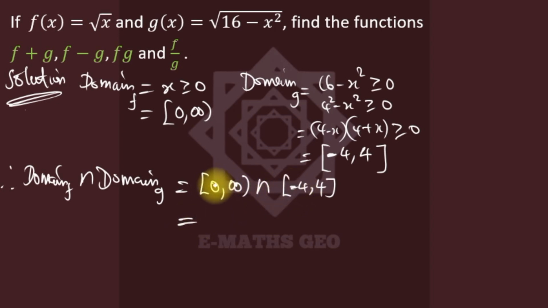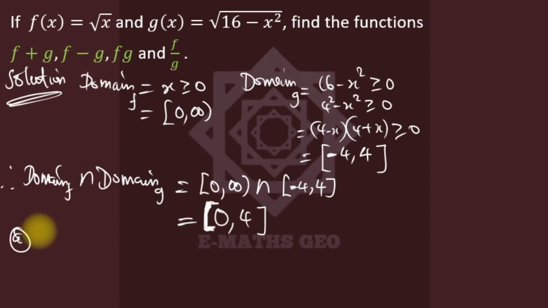What is common in this? 0 is there, and 4. So that's our domain. So the domain of intersecting this from 0 up and from between minus 4 and 4 is 0 to 4. That's the domain. So let's go to the question now.